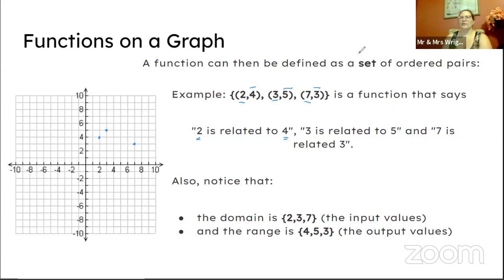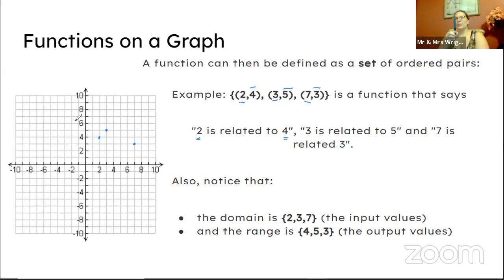One way you can tell that this is a function, even with it being discontinuous or just dots, points on the graph, is because it passes something we call the vertical line test. And so whenever you have something that is graphed or an equation that is graphed, you can take a pen or a pencil and go across it.